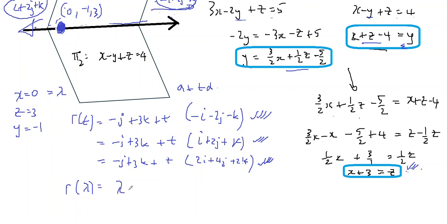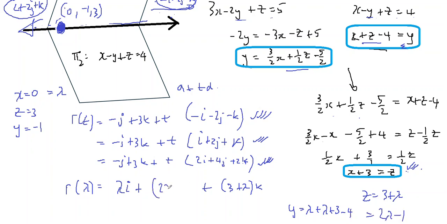It's going to be lambda in the i, plus z will equal 3 plus lambda, so plus 3 plus lambda in the k, and y will equal lambda, because x is lambda, plus lambda plus 3 minus 4. So that's 2 lambda minus 1 in the j.